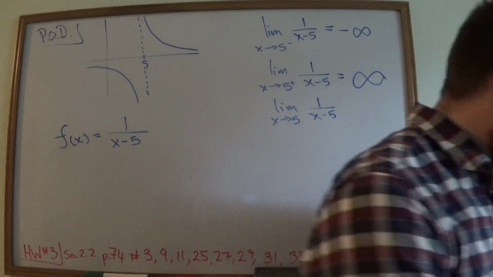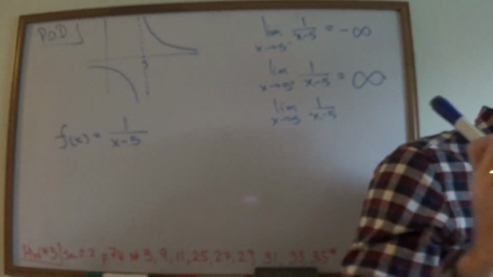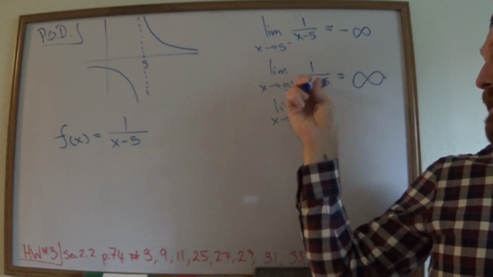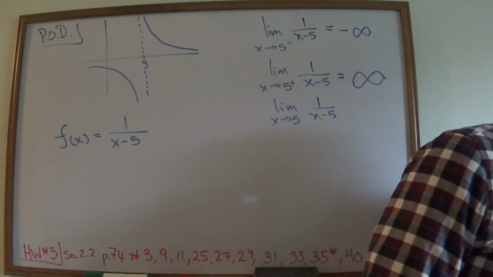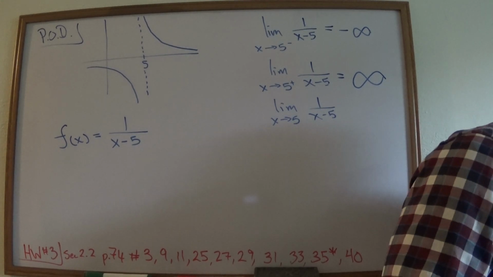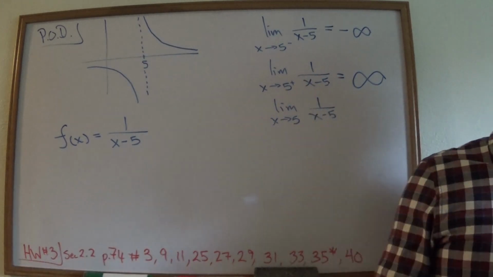We'll say a few things about it. There's a bunch, and you're going to hear me say each one of these, right? So for this one right here, we could say the limit of f, we're pretending that's an f of x right there, as x approaches 5 is infinity. Or we would say as x approaches 5 from the right is infinity.